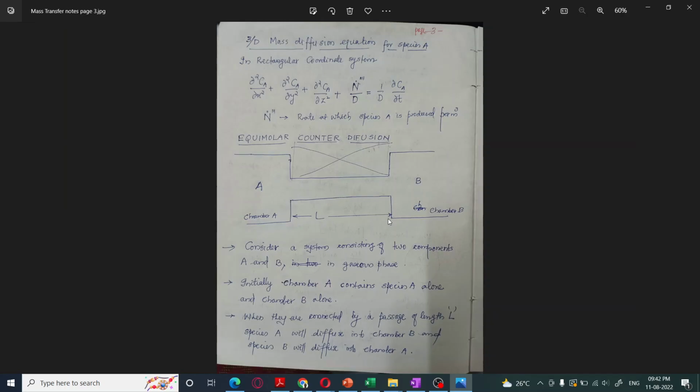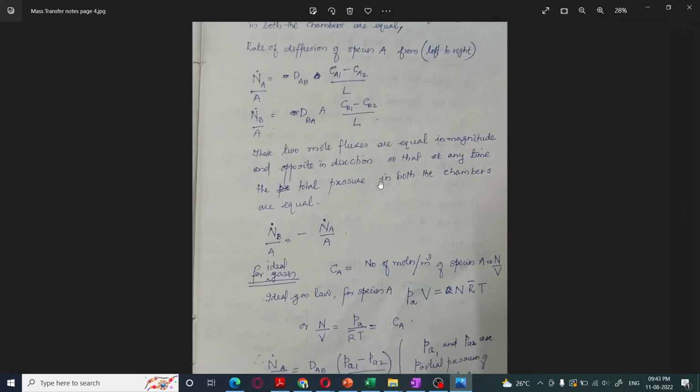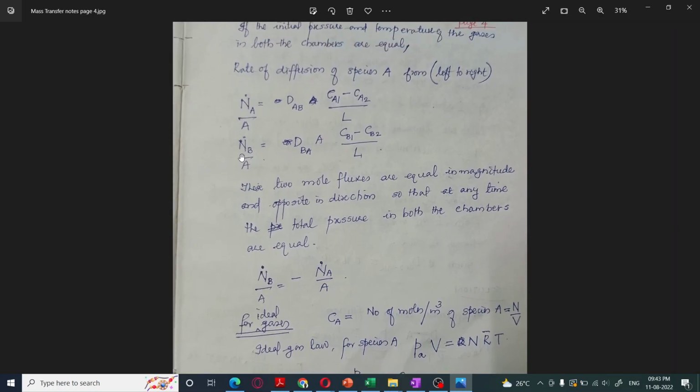So this length is L. Just like the way conduction takes place through a particular material having a cross section, length, etc., the same is applicable for diffusion as well. Similarly, we can write the mole flux of component B, N_B divided by area, is equal to D_BA into... sorry, this area should not be there.